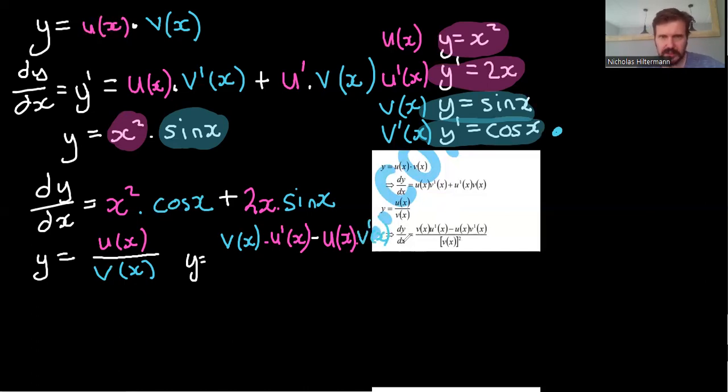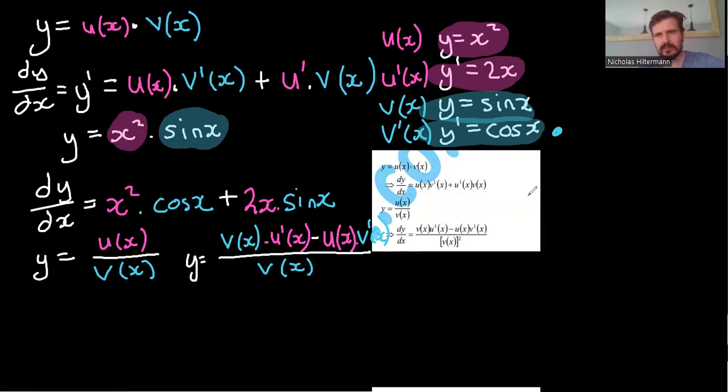Okay, you can see that, but you can see it over here anyway. Here's the formula, all over the bottom squared. So with these, it's simply about plugging in to the formula.